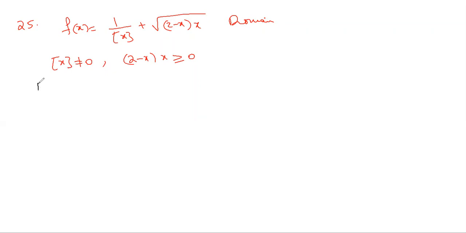If you see the greatest integer of x is greater than 5, greatest integer of x is greater than or equal to 8, greatest integer less than 10, the greatest integer function is less than or equal to 12.